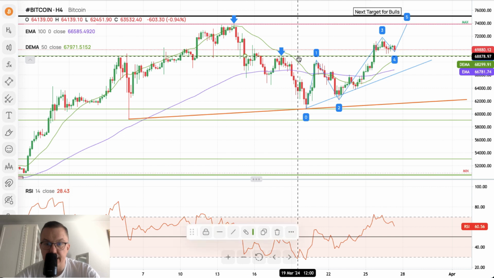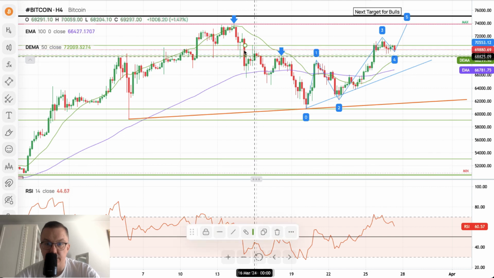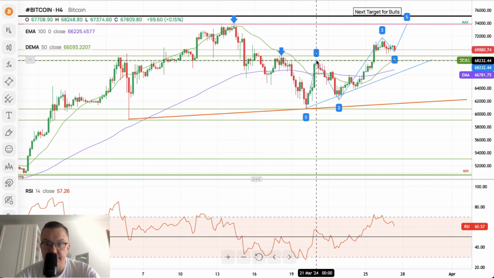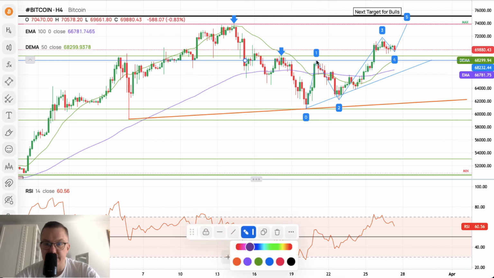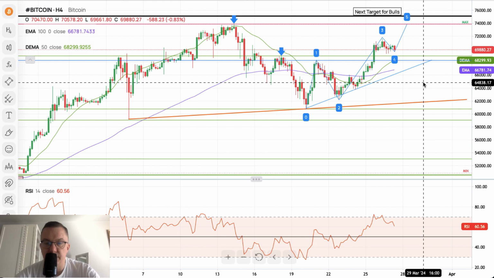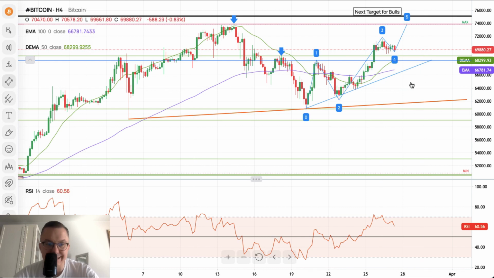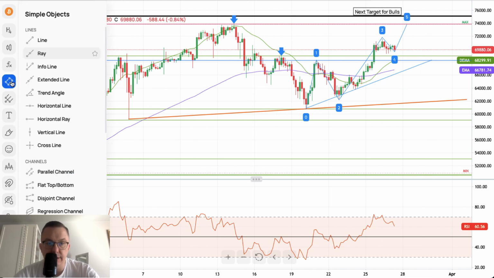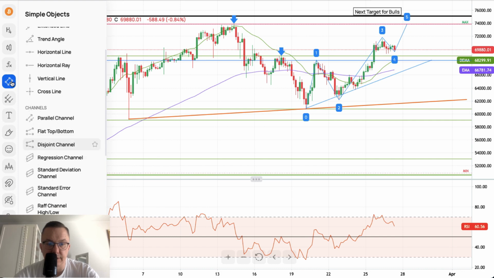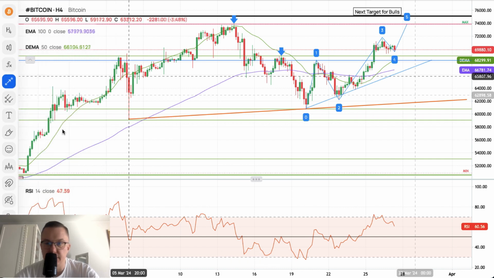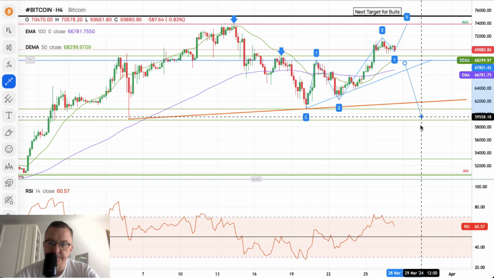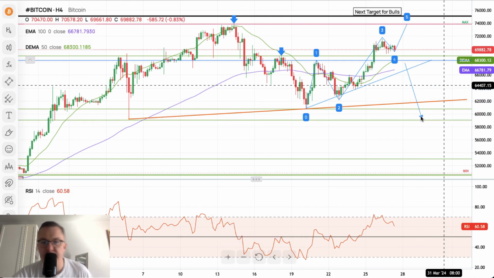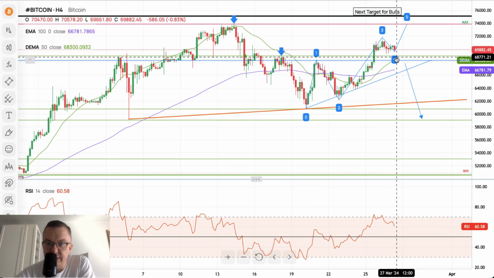So let me just place one more line for you guys just here, and let me just make it blue so you know that this is for the Elliott wave count. So if we break below this level, the outlook is then very bearish. Let me just place my arrow here. Any breakout below this level would likely mean that we go here towards the level of $59,000. So please keep an eye on this situation here.